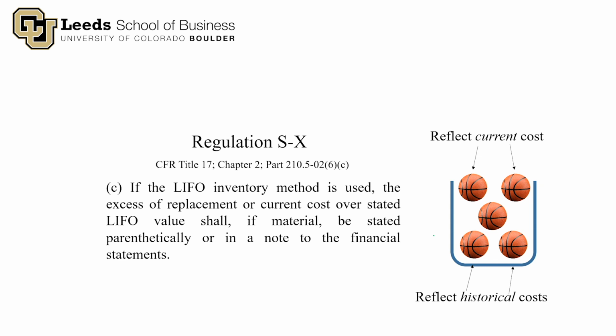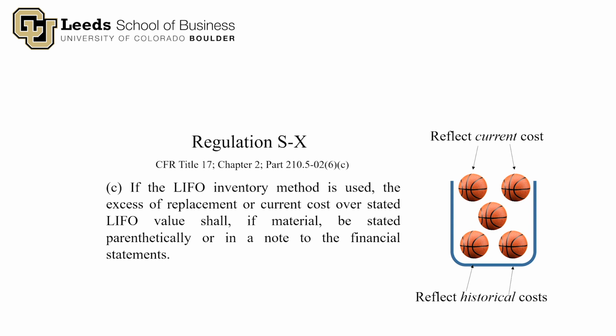And you can see that they want the difference between LIFO and replacement or current cost. Well, you can see that this is FIFO, right? Because if I want my ending inventory to reflect current costs, the first ones I need to sell are the first ones I bought, because I need to remove those historical cost basketballs. So let's do that.